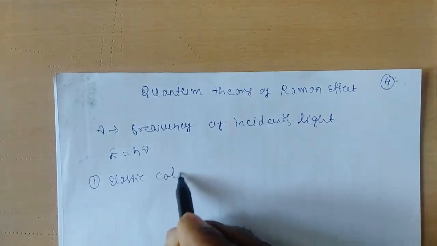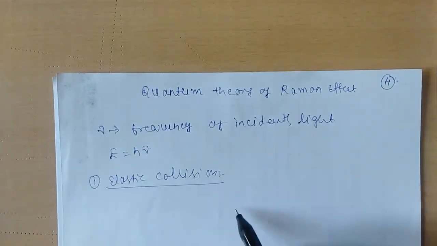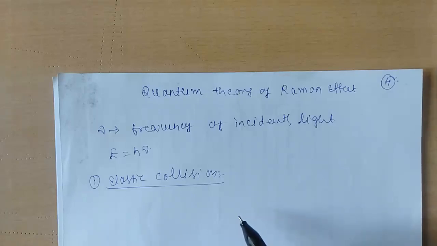We all know that in elastic collision there is no change in the energy. Therefore, since there is no transfer of energy from the photon to the molecule, the photon is scattered without any change in energy, and the frequency of the scattered photon is the same as that of the incident light. From this we can explain the unmodified line in the Raman spectrum.